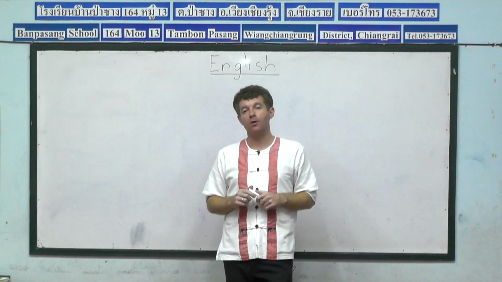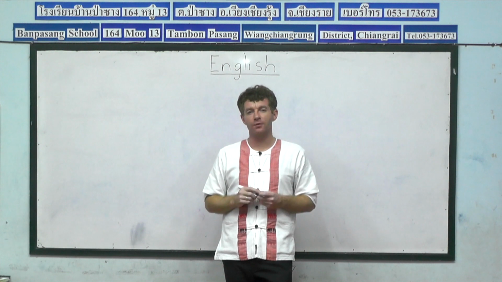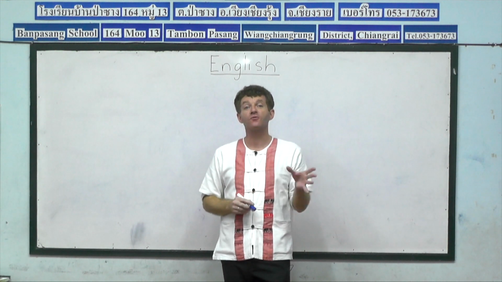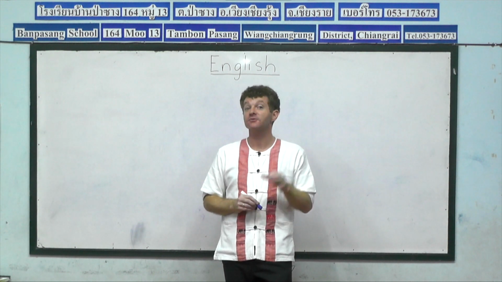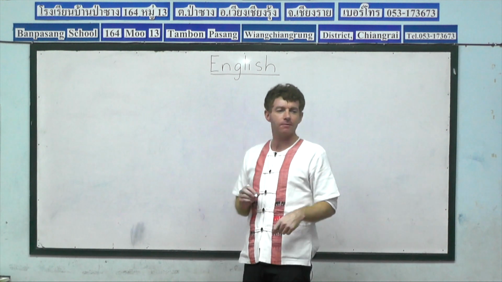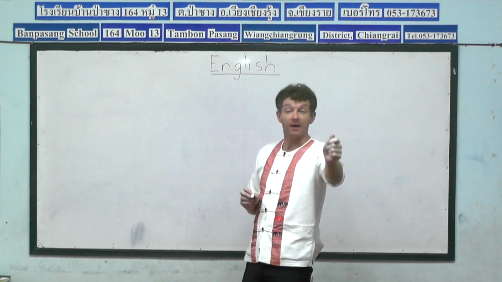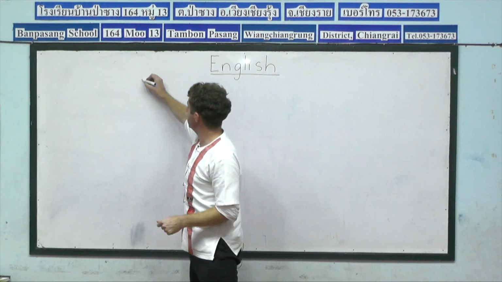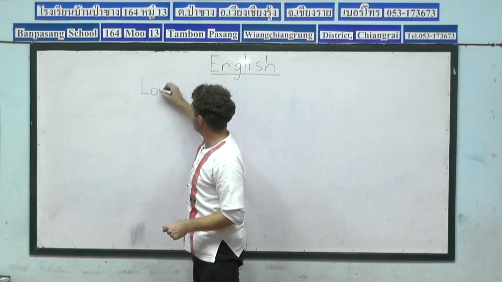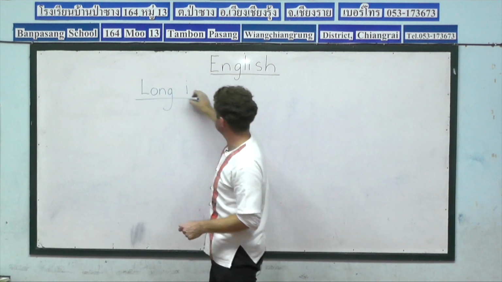So first of all, what I need to do is I need to draw 3 columns on the board. And each column is going to be based on our letters and sounds that we're using. So guys, what's the first sounds that we're using today? Long I. Okay. L-O-N-G-I.